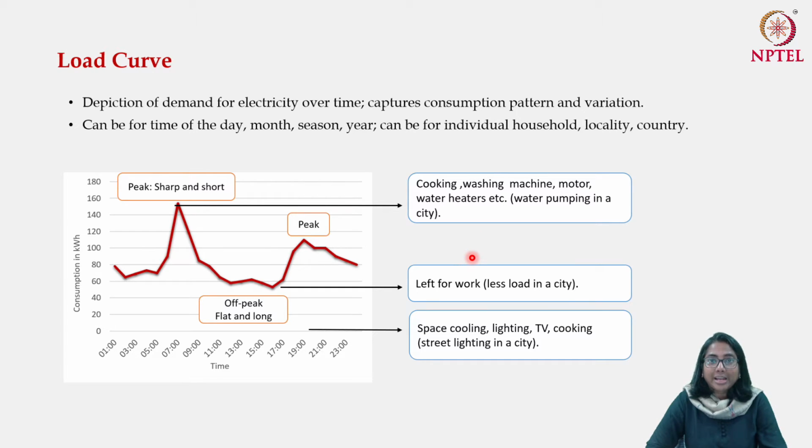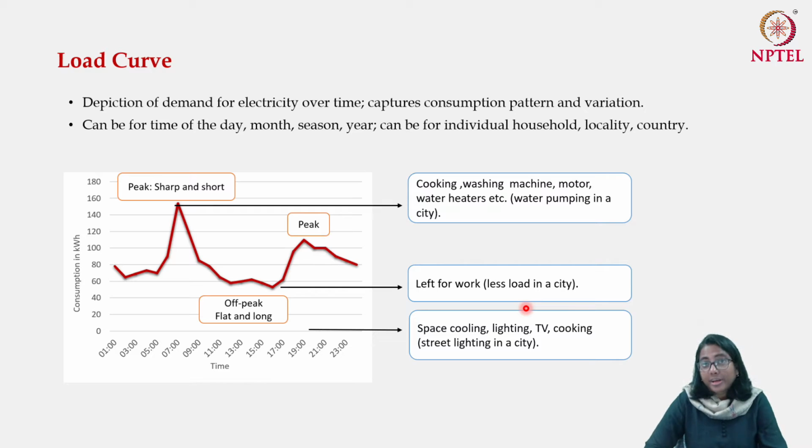Then it might have a valley where there is no water pumping, and this is during the daytime, so you also don't require electricity for street lighting. But after a while, as you approach the night time, you switch on the street lights, and then again the demand for electricity goes up.